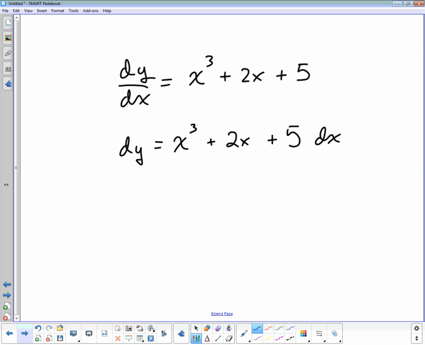I'm moving the dx over to the other side, and now I'm going to introduce the integration notation. It looks like an elongated S, and in fact, that's because it comes from the original idea of taking an infinite sum.